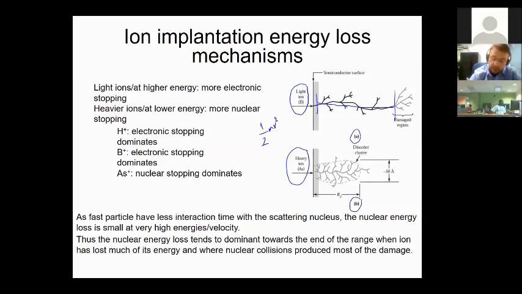Since their mass is different, let's say this is m2, this is m1, the velocity of the boron ion will be higher than the velocity of the same energy arsenic, right? Since the velocity is large, while it's passing through the crystal structure, it will not have enough time to actually interact with the silicon.